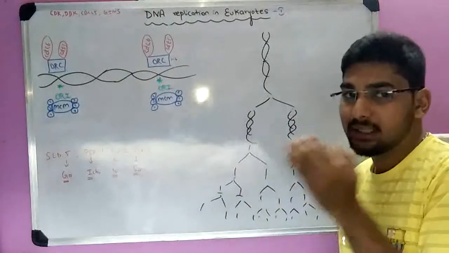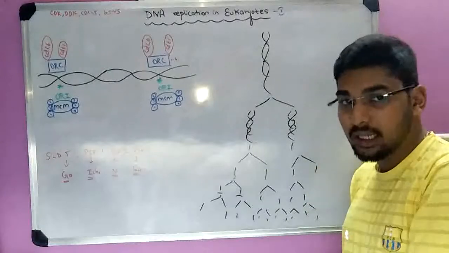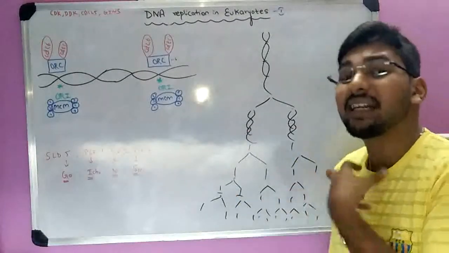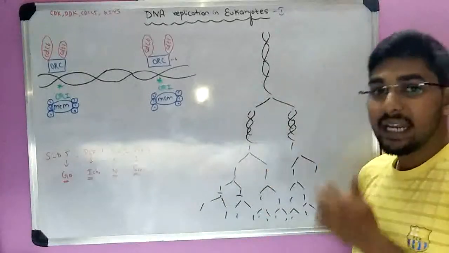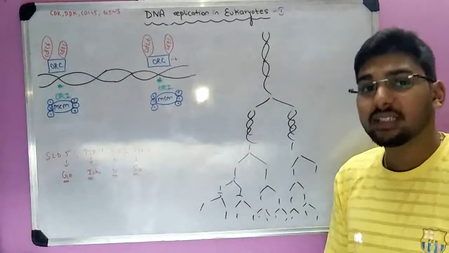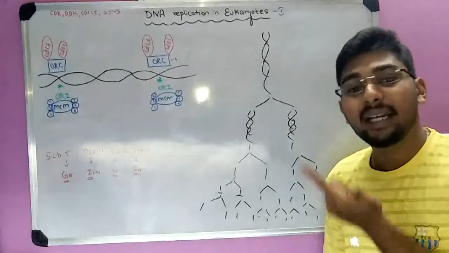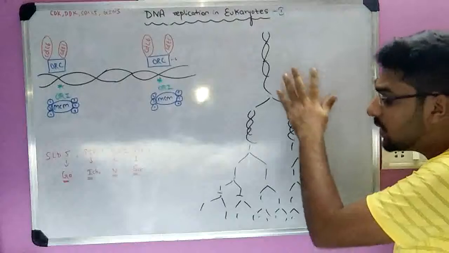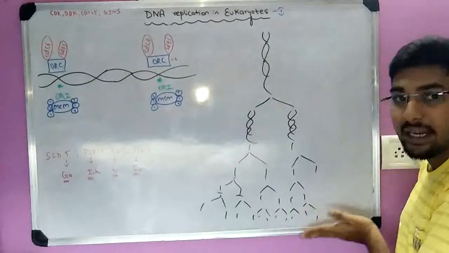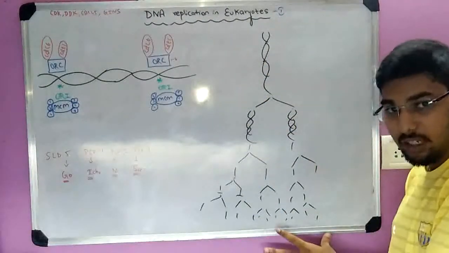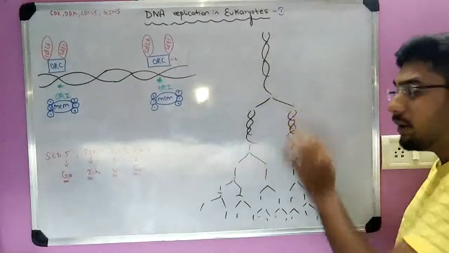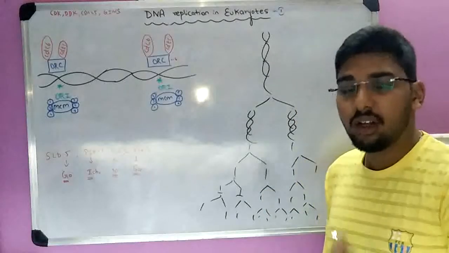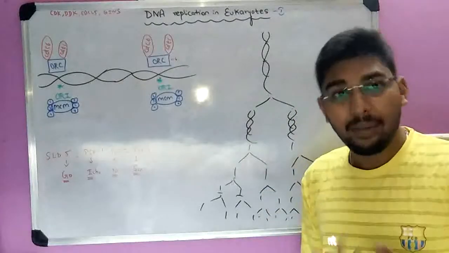Without enzyme catalysis, this process cannot occur, hence it is called an enzymatically driven process. So DNA replication is an enzyme-dependent process where a single parental strand produces multiple exact copies of DNA containing the same genetic information. This is the meaning of DNA replication or duplication.